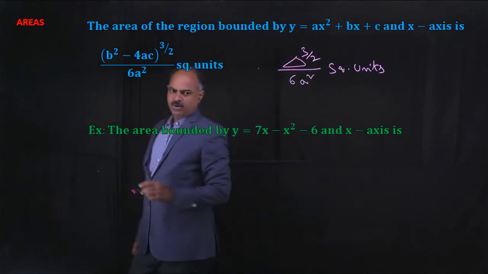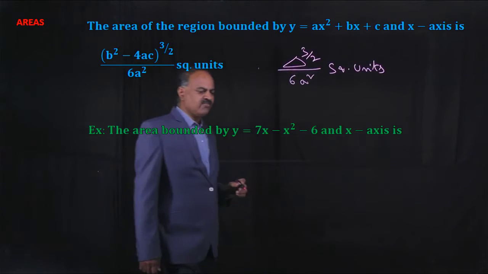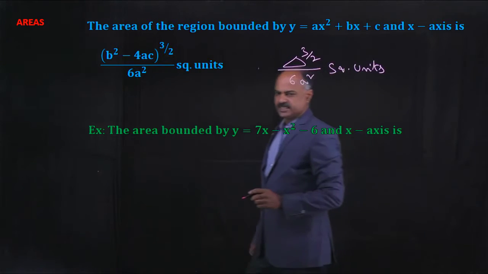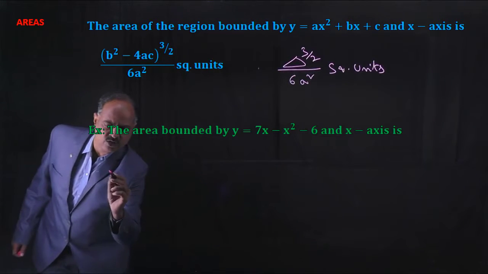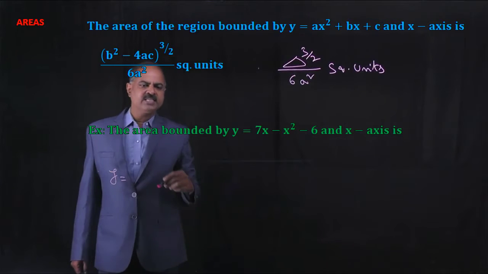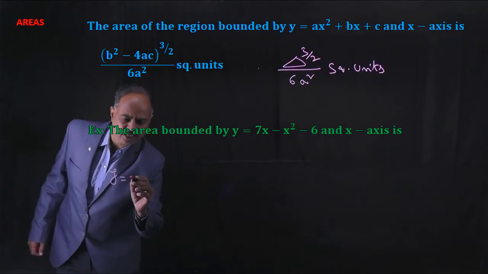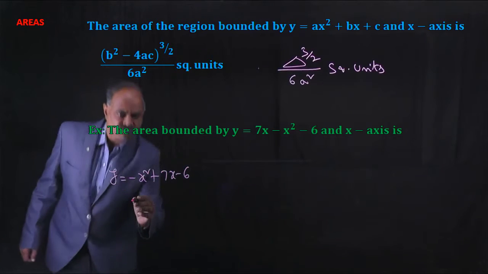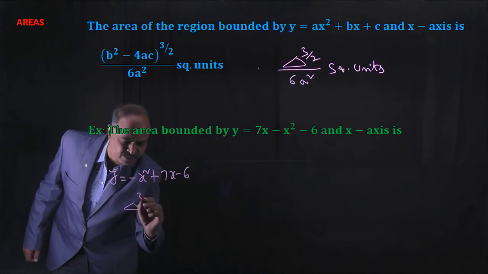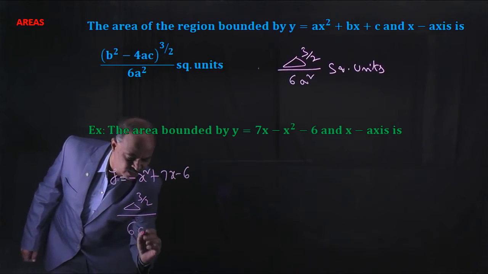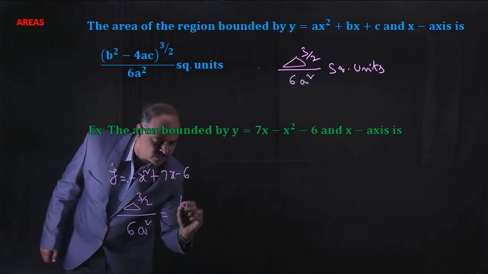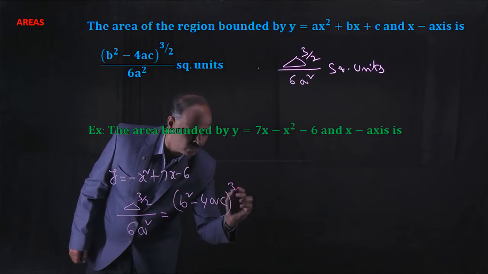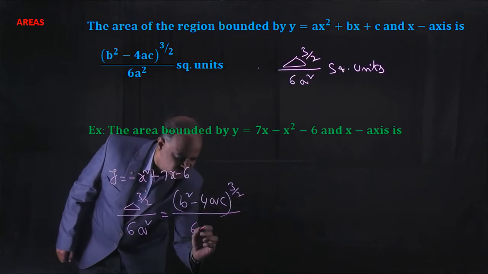Suppose, for example, the area bounded by y equal to 7x minus x square minus 6 and x-axis. So given y is equal to 7x minus x square minus 6, that is equal to minus x square plus 7x minus 6. So here the formula is delta power 3 by 2 by 6a square, that is equal to (b square minus 4ac) whole to the power 3 by 2 by 6a square.